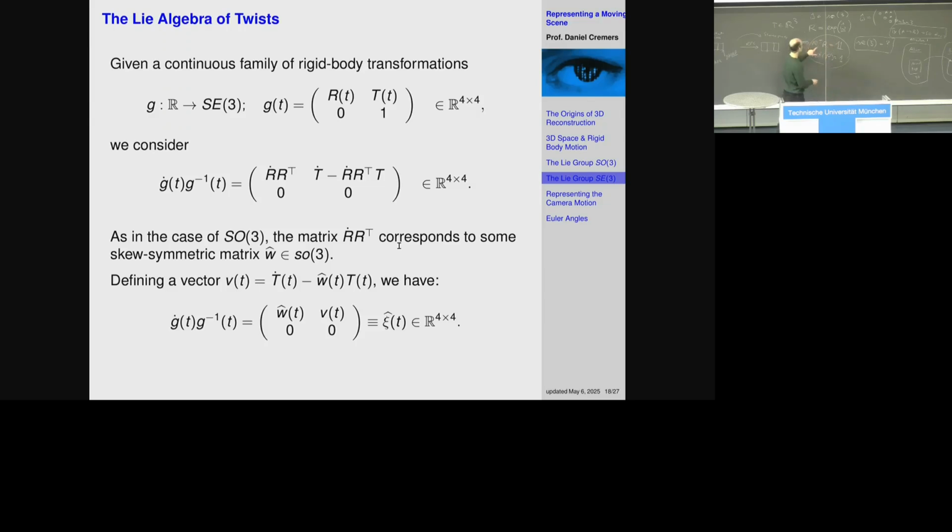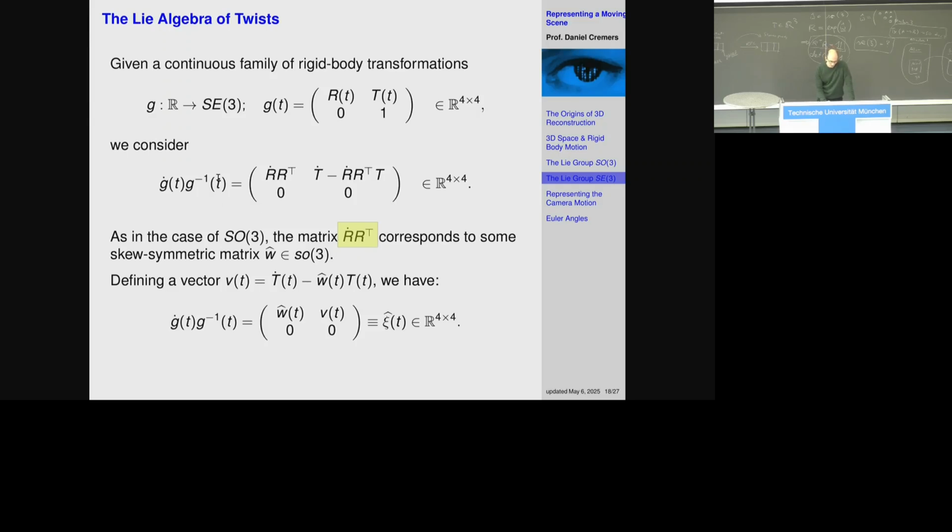In fact, from this constraint, if you take the time derivative of this constraint, and you do the product rule here, and then you rearrange terms, you find that the term R dot R transpose is a skew-symmetric matrix. That was the observation. And R dot R transpose, what does that mean? It's the time derivative of R times the inverse of R, right? R transpose is the inverse.